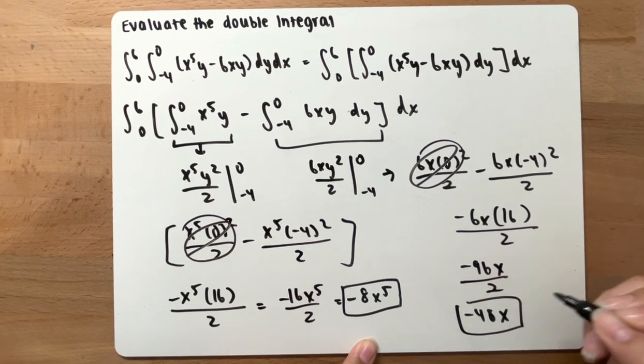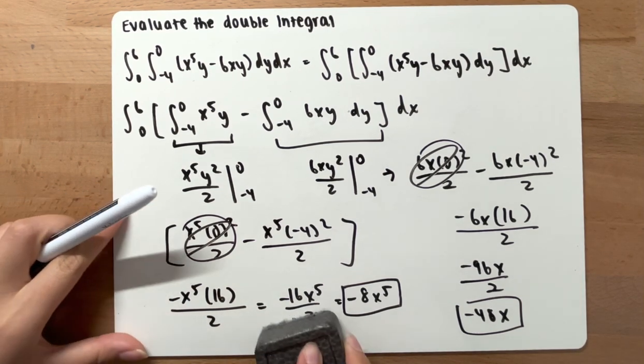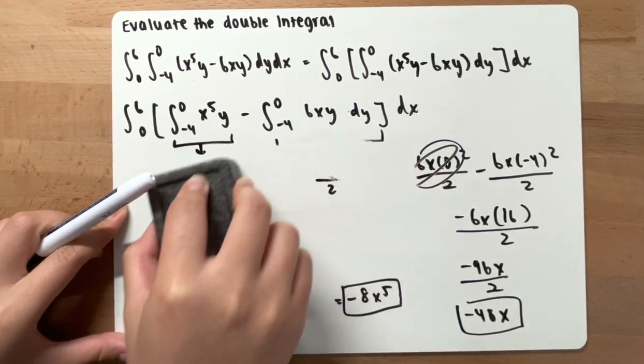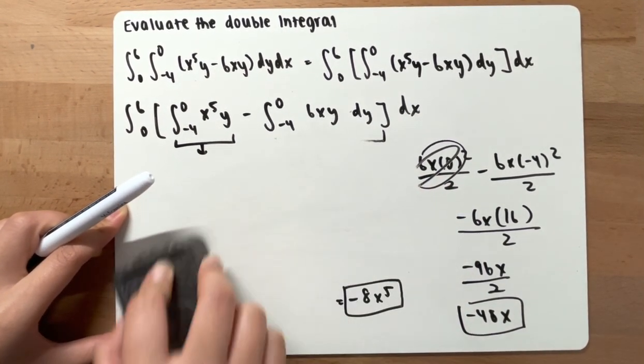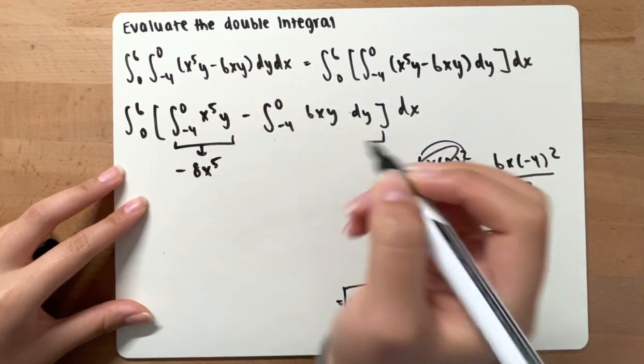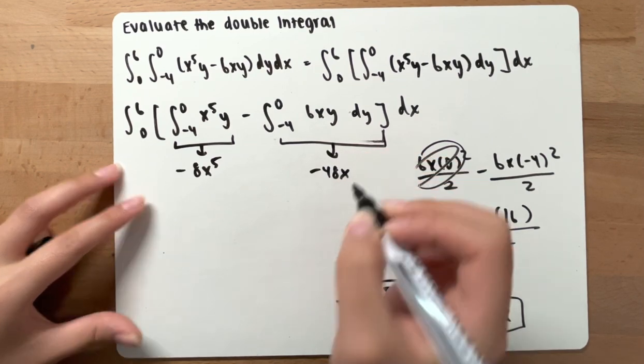However, if you backtrack, so this is -8x to the 5th power, and this is -48x, okay?